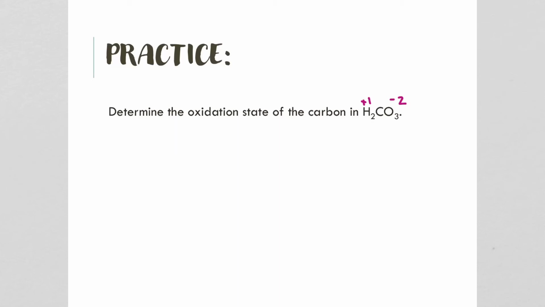And because hydrogen carbonate is a neutral compound, the sum of the oxidation states has to equal 0. So to solve this, it would be 2 times the oxidation state for hydrogen plus the oxidation state for carbon plus 3 times the oxidation state for oxygen is going to equal 0.